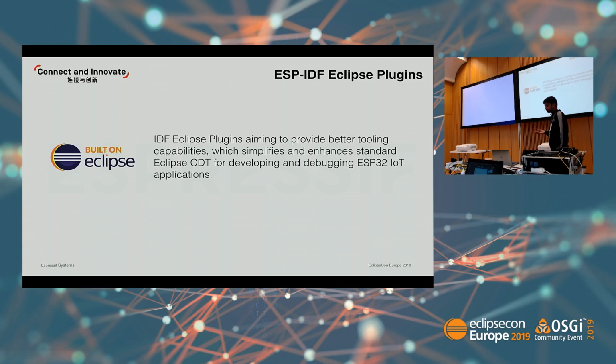The thing is, there are a lot of configuration things which we need to do, and it doesn't provide all the capabilities that ESP-IDF is offering. Even today, Eclipse CDT is one of the favorite IDEs for embedded developers and IoT developers, so we thought maybe we should have something for them. With that, we started on this.